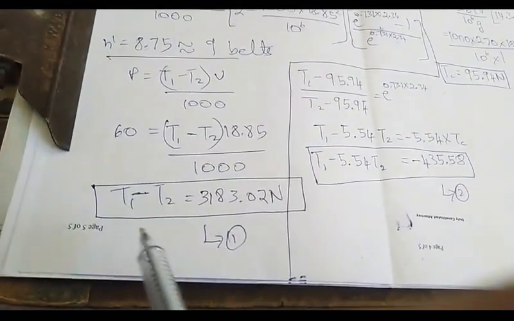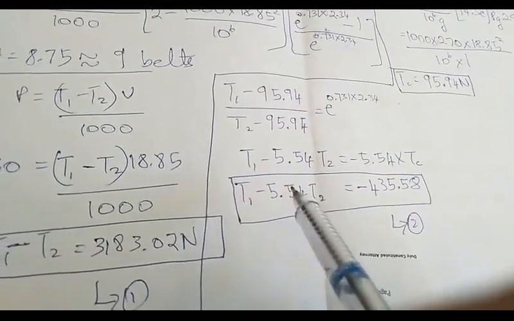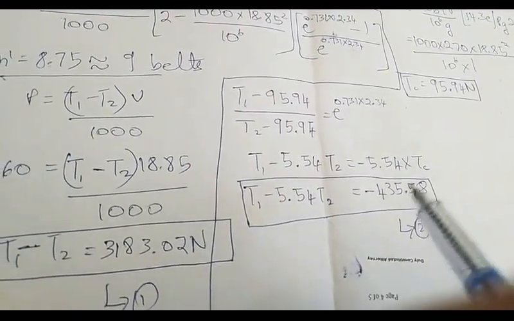Here we have equation 1 as T1 minus T2 is equal to some value, and here T1 minus 5.54 T2 is equal to another value.